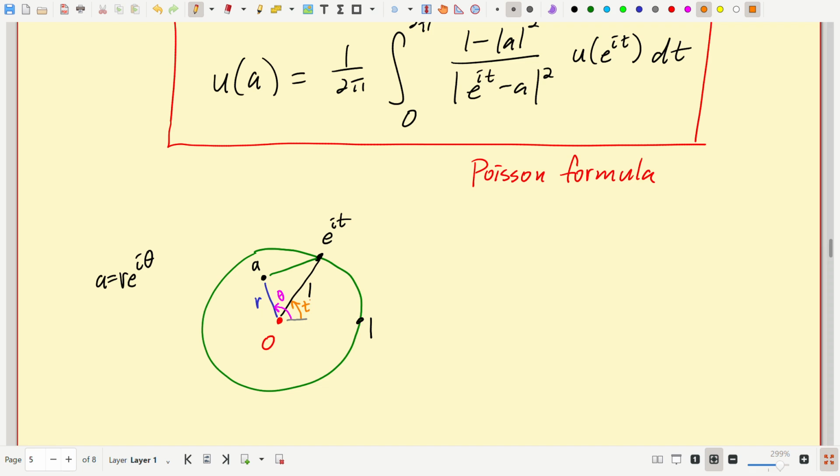And so that angle in the triangle is theta minus t. And so if I were to do the law of cosines, let's do the law of cosines.